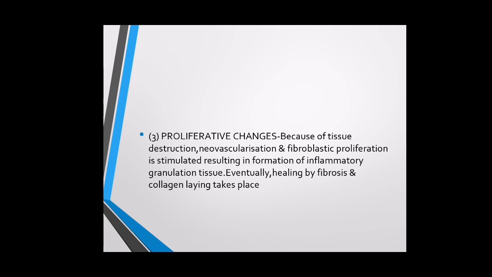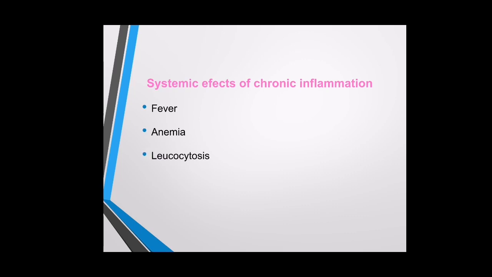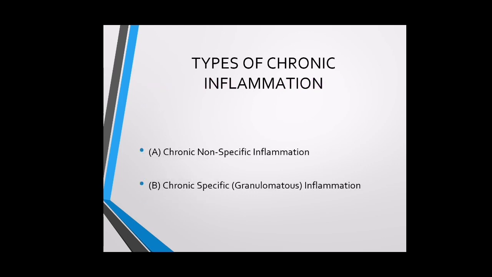Eventually, healing by fibrosis, collagen laying, takes place. Systemic effects of chronic inflammation: you will find fever, anemia, leukocytosis, increased ESR, and amyloidosis.